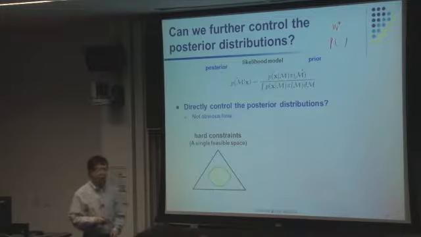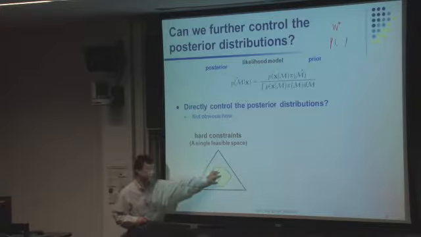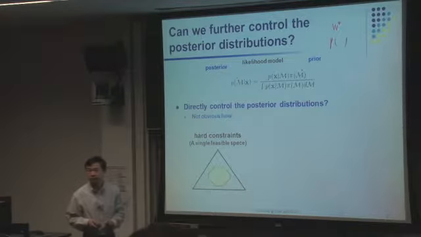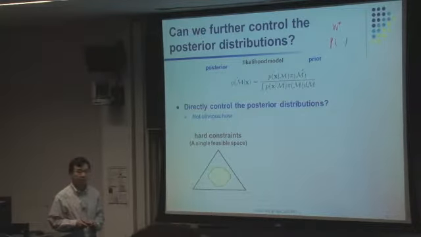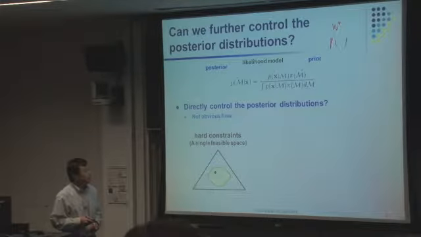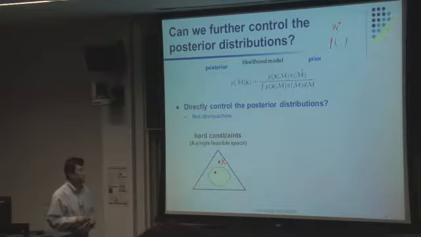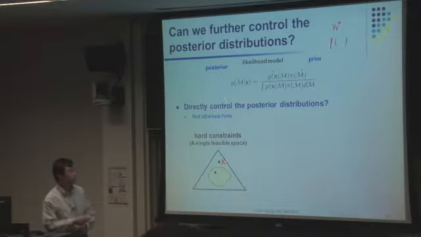It's very hard to actually put a limit in here, say, hey, all my multinomial parameters have to be in this space rather than in this simplex. Actually, I don't know how to do that. And if you know how to do that, you may want to say, okay, this one is disqualified and that one is qualified. So these are what I mean by hard constraints over the posterior distribution.